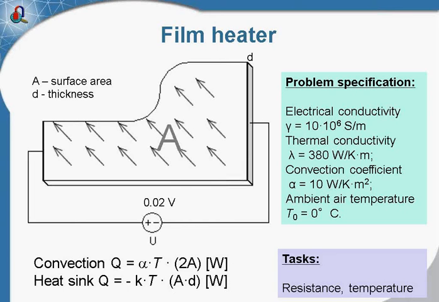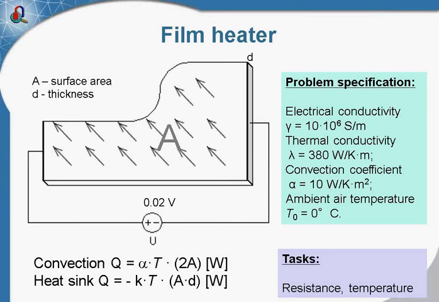This is the steel plate, the steel foil, we know the electric conductivity of the material. We know the thermal conductivity. We know the convection coefficient, as this plate is cooled by the air flowing around.